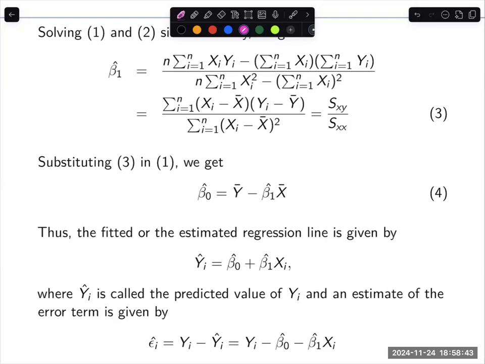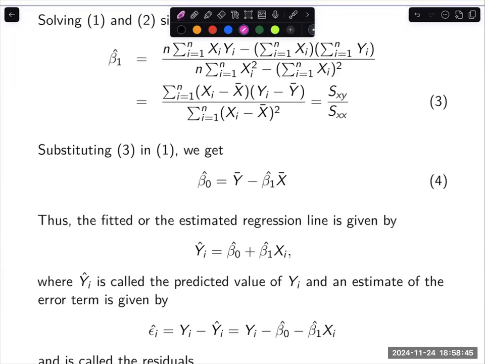Therefore, the fitted or estimated regression line can be written using this expression, with a hat on the yi. The yi hat is equal to beta 0 hat plus beta 1 hat times xi.